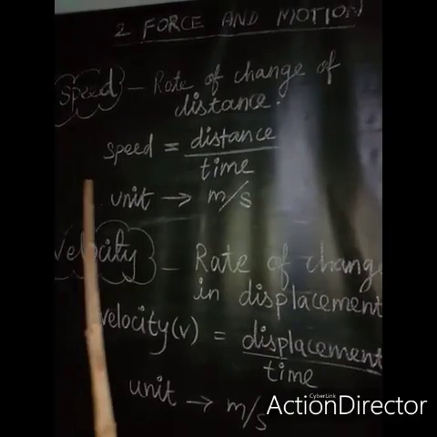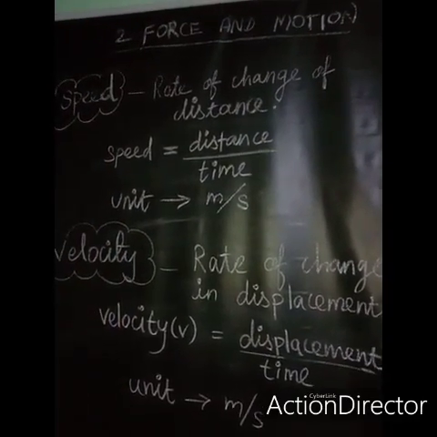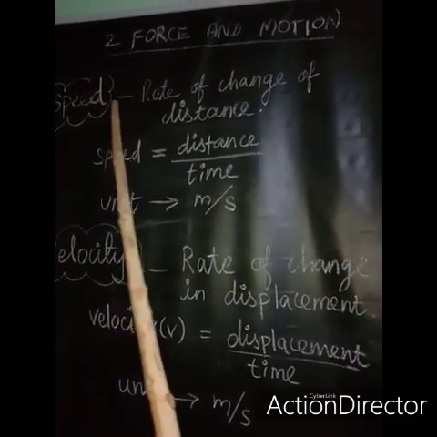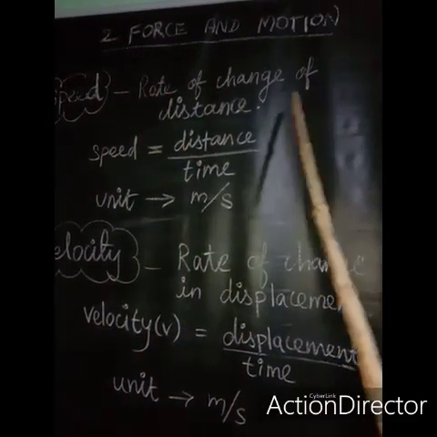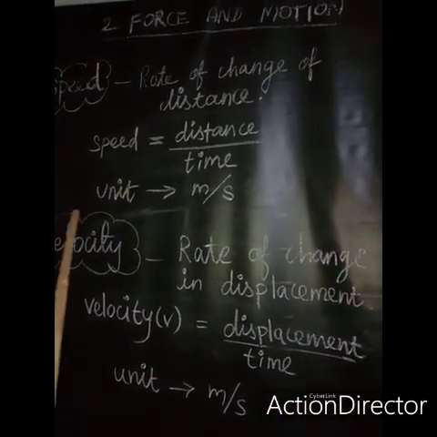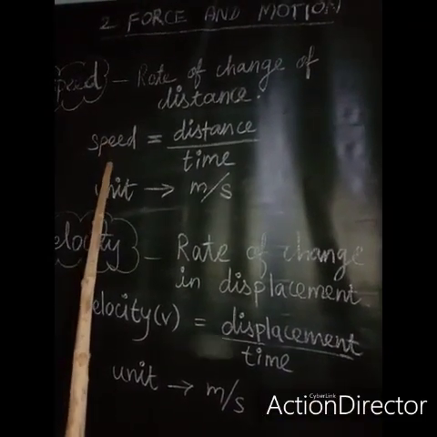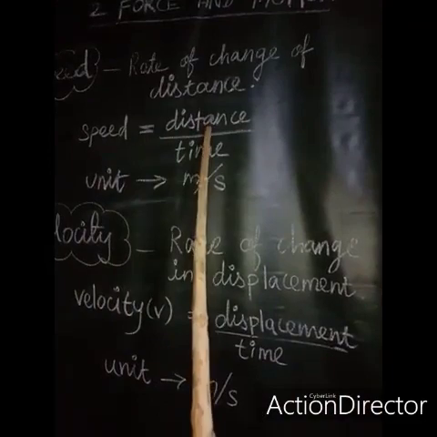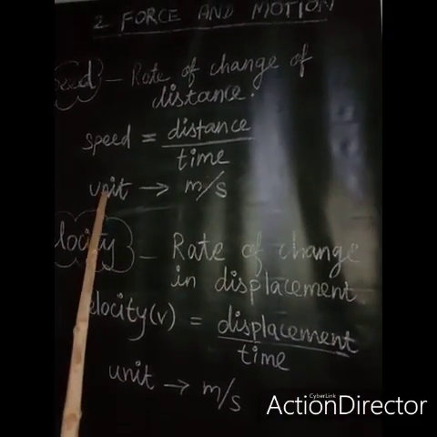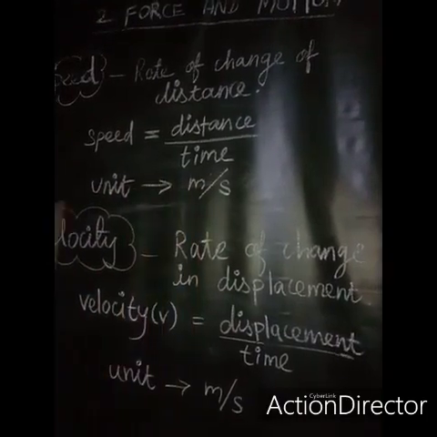Speed. What is speed? We have already learnt in 6th standard. Speed is rate of change of distance with respect to time. The formula is speed S equal to distance by time. The SI unit of speed is meter per second.